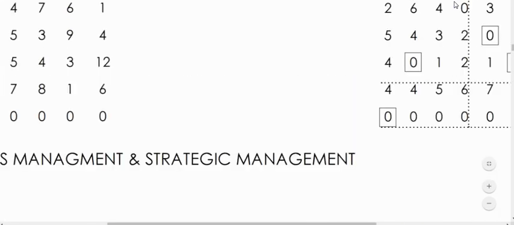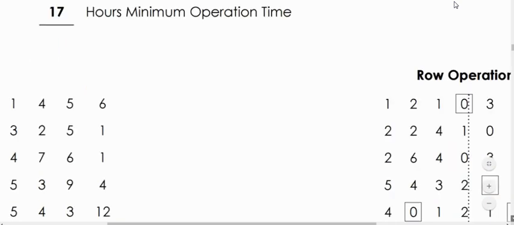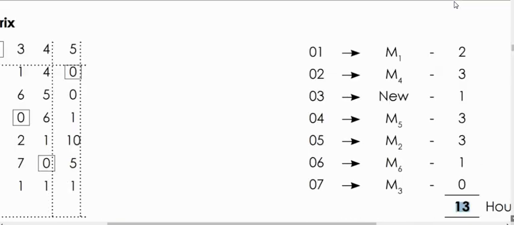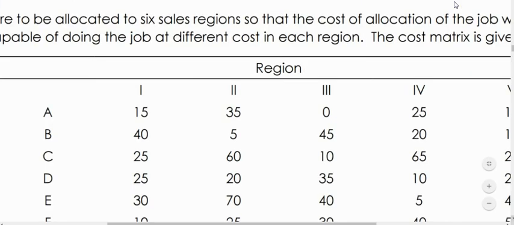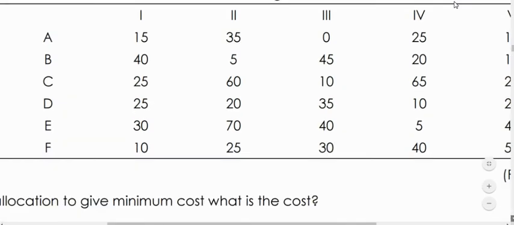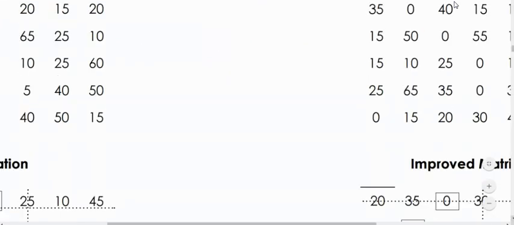Now, when we introduce the new machine, the 7th machine, we are able to complete it in 13 hours. So is it advisable to replace the machine? Yes, it is advisable, because if I introduce the new machine, I am able to save my time. That's how you would say that the introduction of the new machine is important.